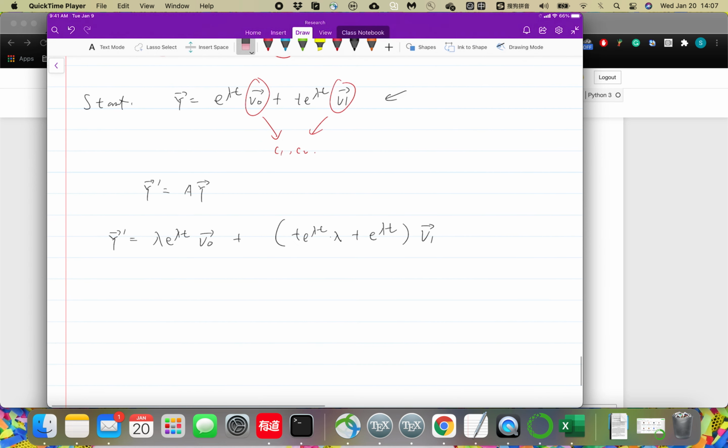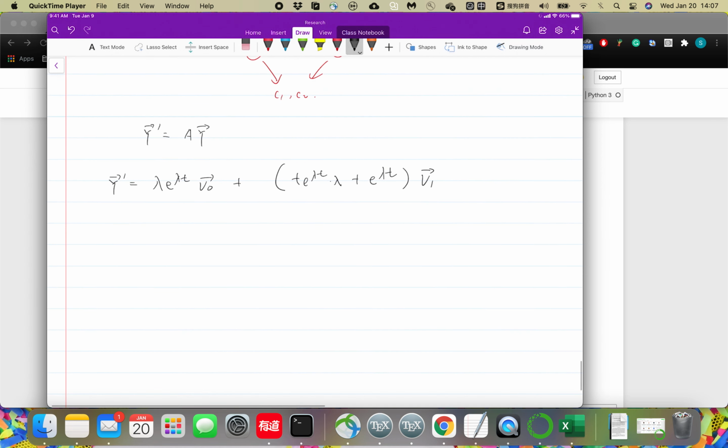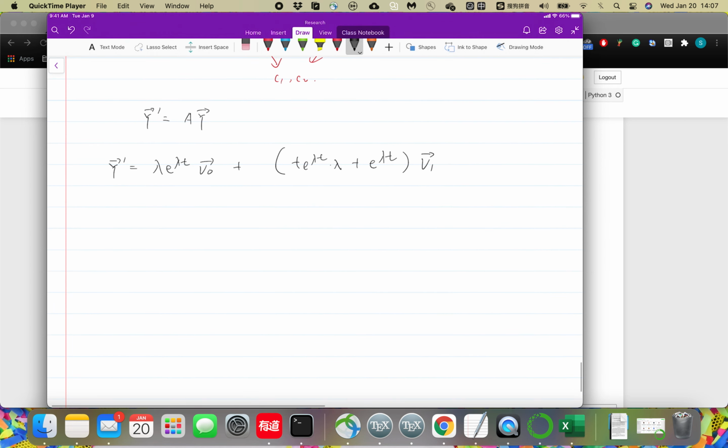You take the derivative of t, or you take the derivative of e to the lambda t, which produces another lambda. Now after that, what we can do is clean things up a little bit and put everything with e to the lambda t together.